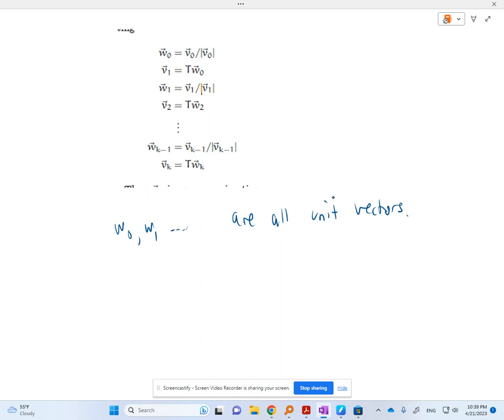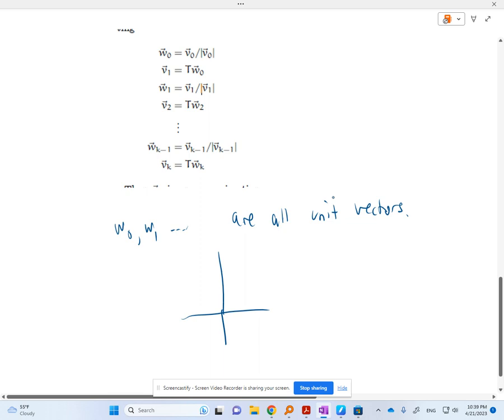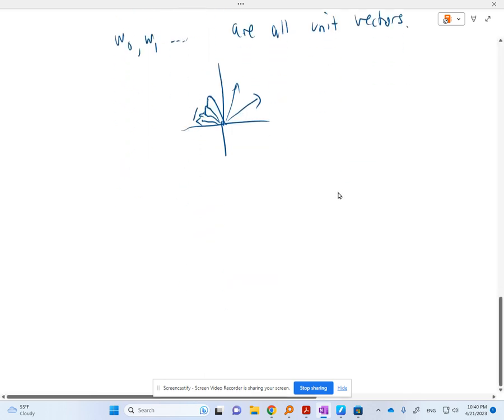Okay. So what you expect to happen is that these W's, in two dimensions, may change direction until they settle down closer and closer to some direction. Now, when the process is converging, that means that the difference between these two vectors will become smaller and smaller. So the Wj's are converging.